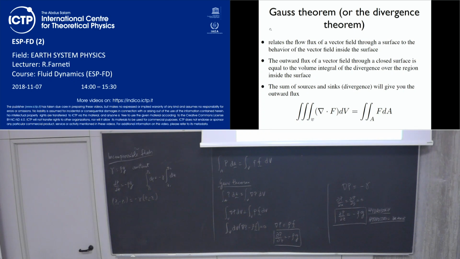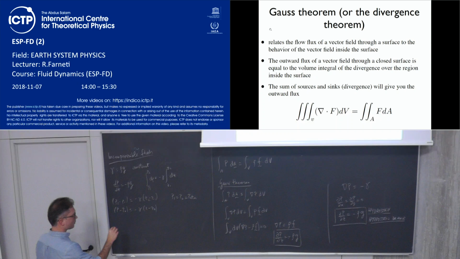Now you need a reference level. So we call P1 my P0, which is my atmospheric pressure. That's my reference level. So P minus P0 is equal to minus gamma times (Z minus Z0). I'm just taking a reference level, which is my pressure at the surface, my atmospheric pressure.